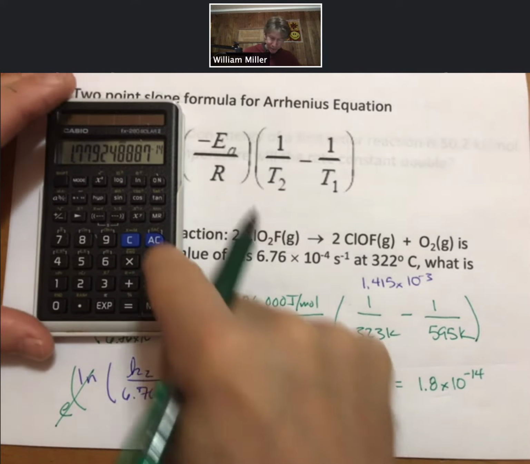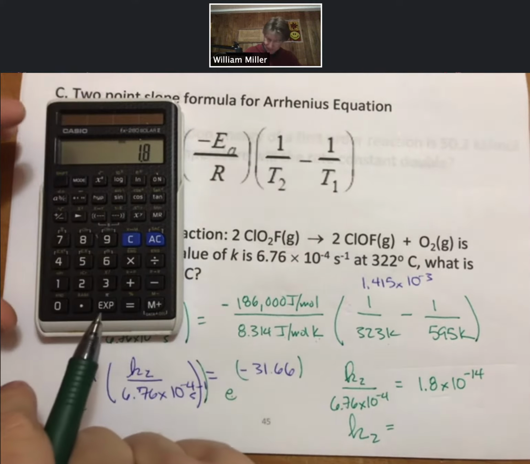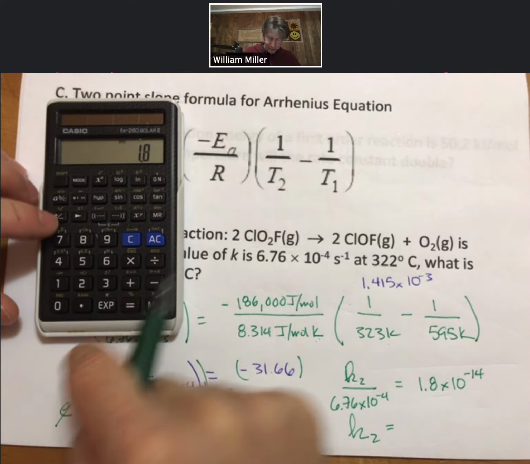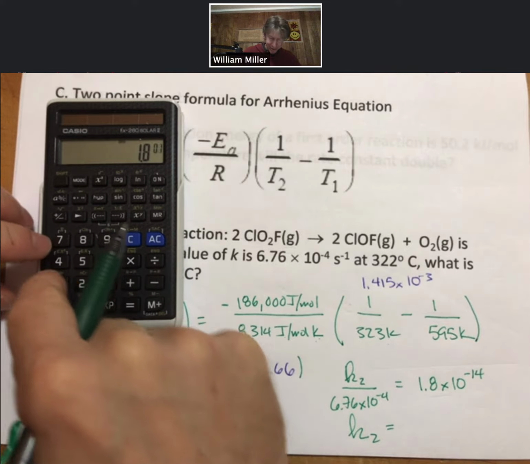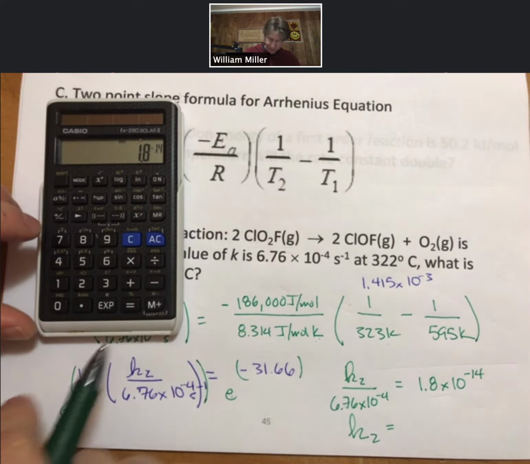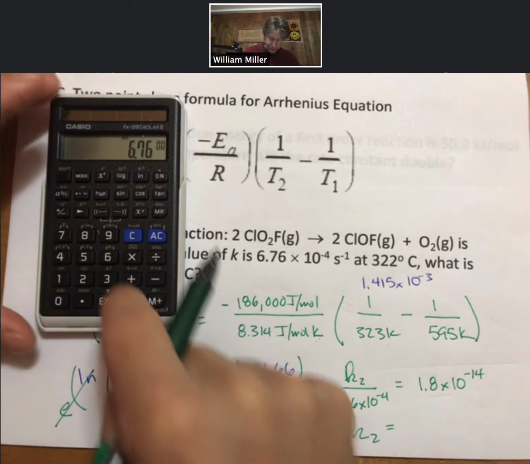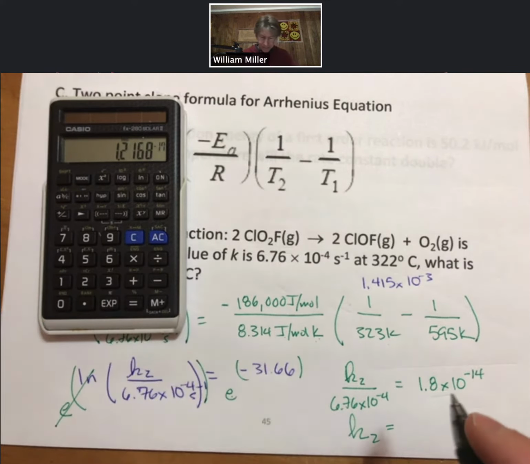And I'll just use 1.8 there. Multiply the exponents: 1.8 times 10 to the minus 14 times 6.76 times 10 to the minus 4. I get 1.2.